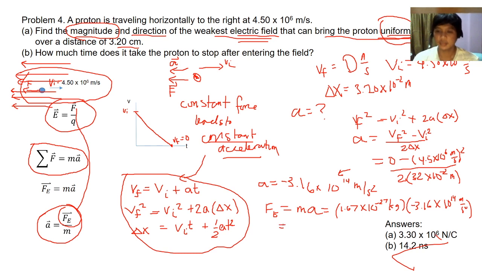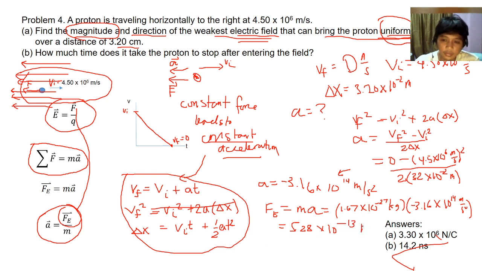The answer is 3.16 times 1.67, which is equal to 5.28, times 10 to the negative 13.